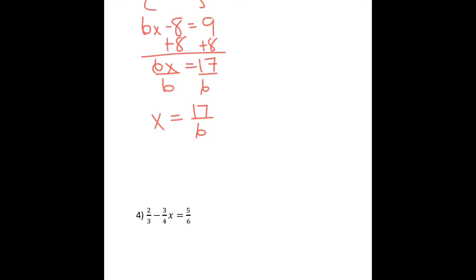Last example, look at example number 4. Tell me what the common denominator is, or something that they all go into. And again, these are all factors of 12. So I'm going to multiply each one of these terms by 12. Let me rewrite that.